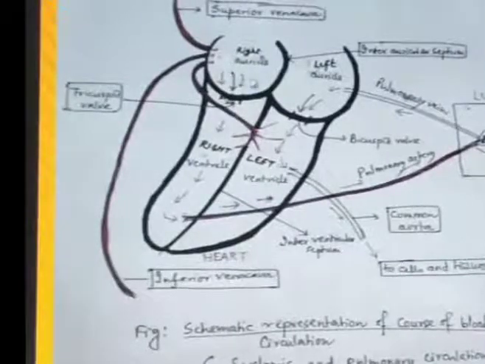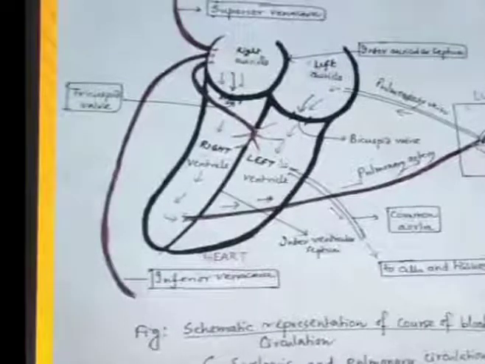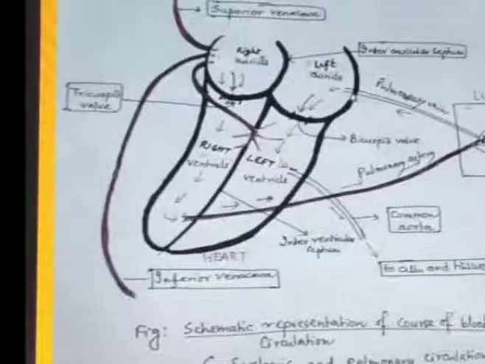This deoxygenated blood from the right atrium moves into the right ventricle. From the right ventricle, the deoxygenated blood moves into the lungs through the pulmonary artery, where deoxygenated blood gets oxygenated. This oxygenated blood then returns to the heart and drains into the left auricle through the pulmonary vein.